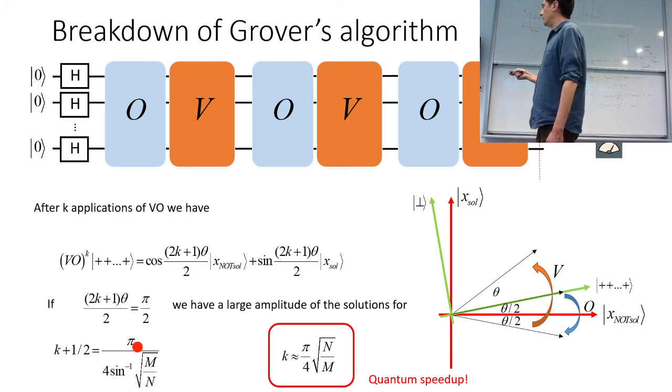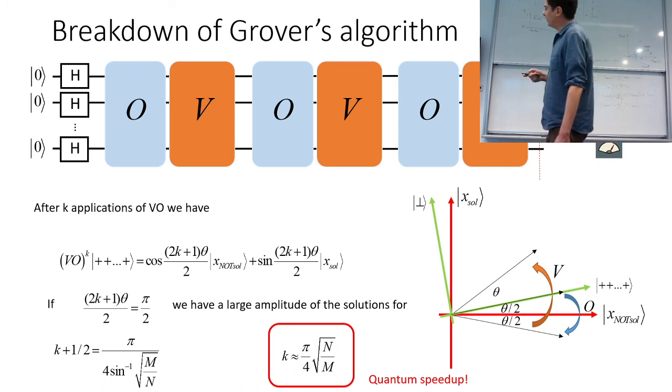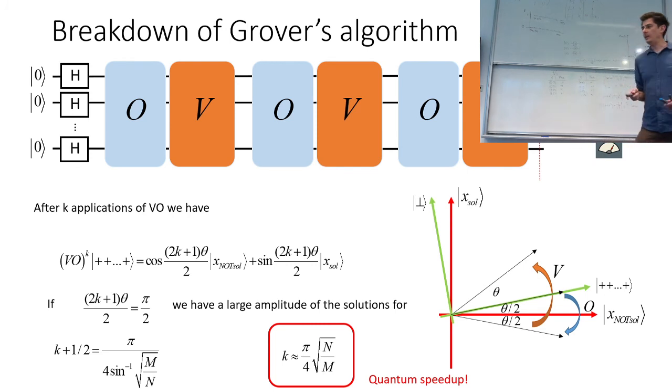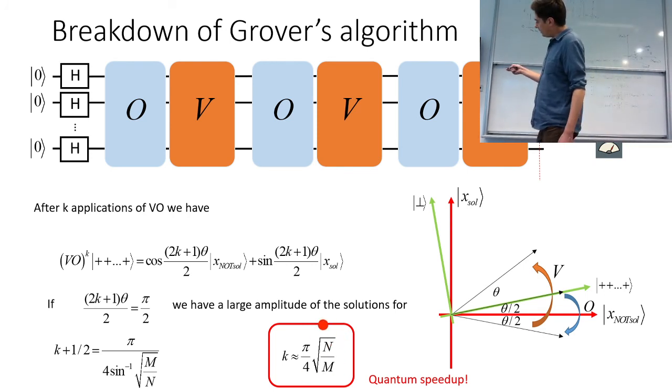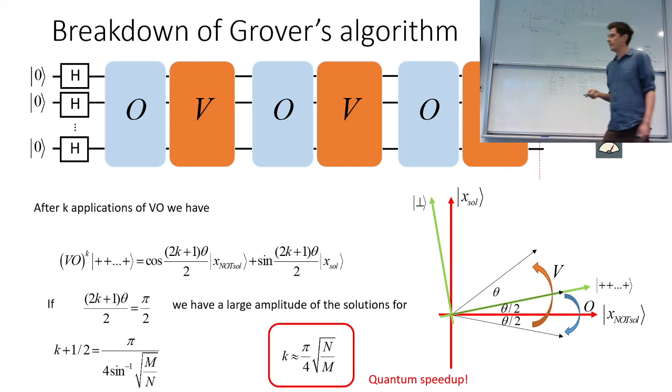So the sine of the square root of m over n is approximately just the square root of m over n, and then you forget about the factor of a half, because let's say that's small too. So it's equal to that. And the key thing here is that this scales as the square root of n.